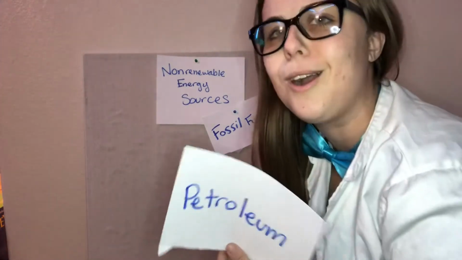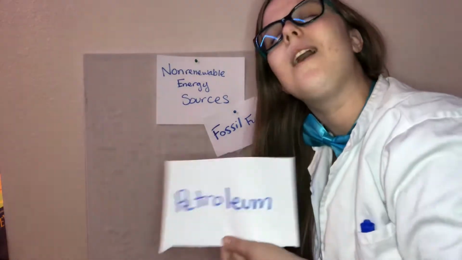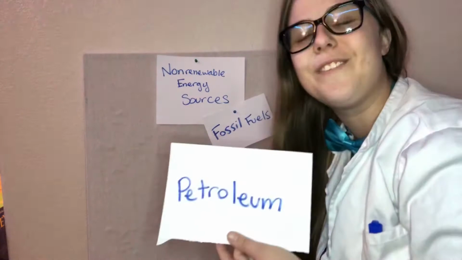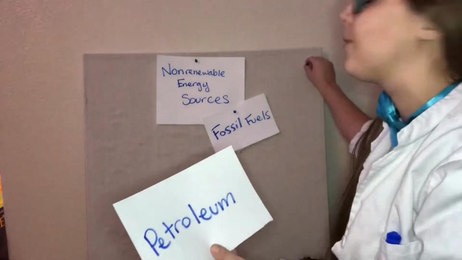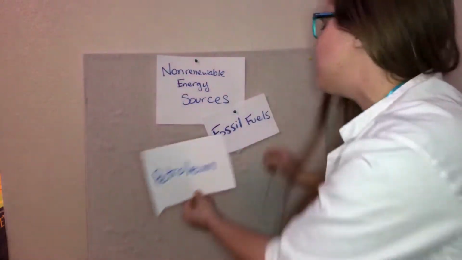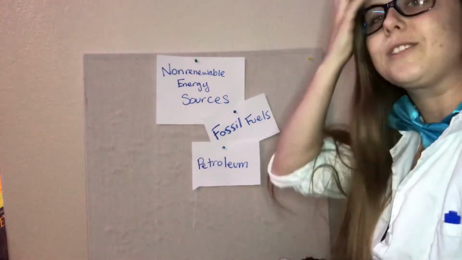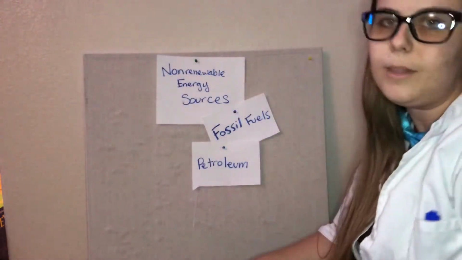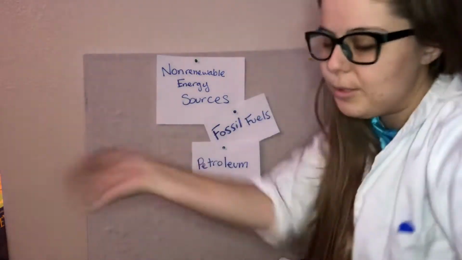It runs our cars, our trains, our planes, and our automobiles. Petroleum is oil. Again, this scientific word feels important enough to put on the board. A type of fossil fuel is petroleum. So fossil fuels, once again: coal, natural gas, petroleum. And petroleum is oil.